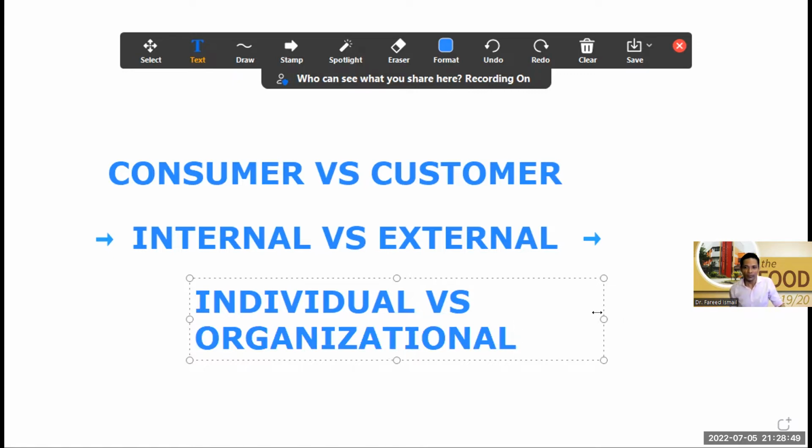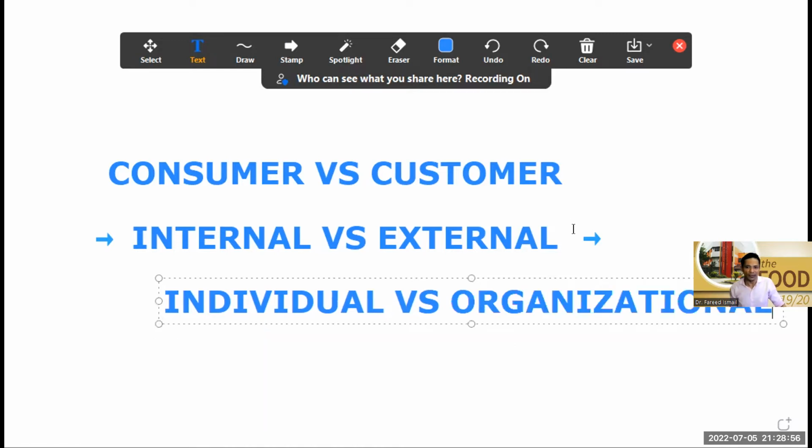After you understand that there might be internal and external consumers, you also have to understand that there is a tendency for the consumer to be individual, and the consumers' needs and wants might be organizational or group. Organizational or group consumer wants and needs differ from each other.